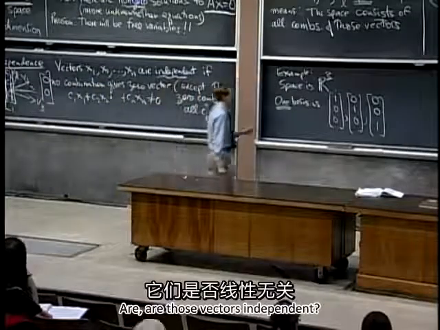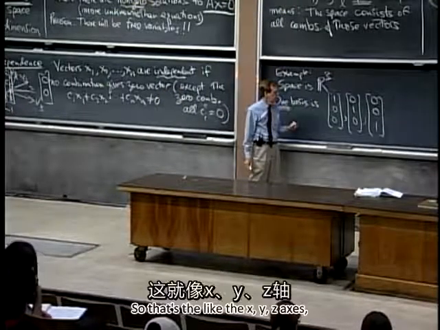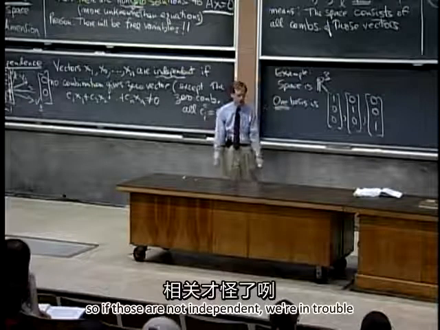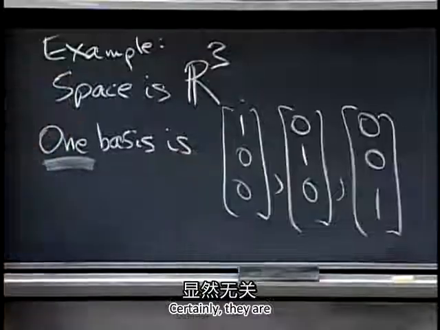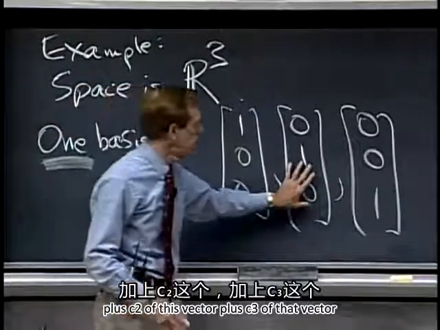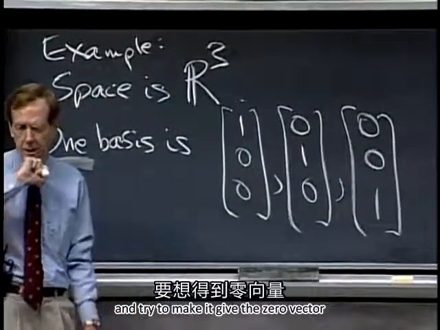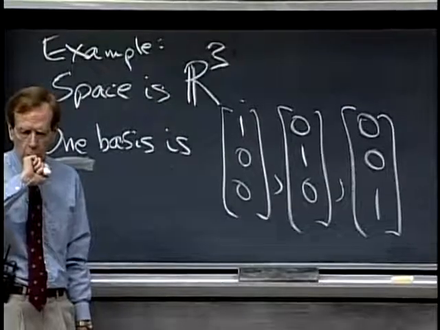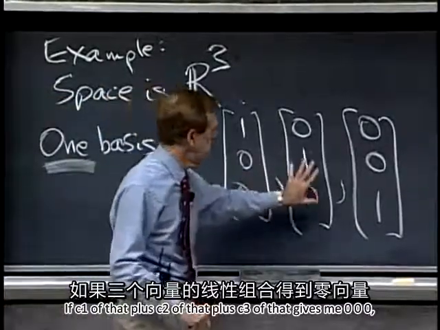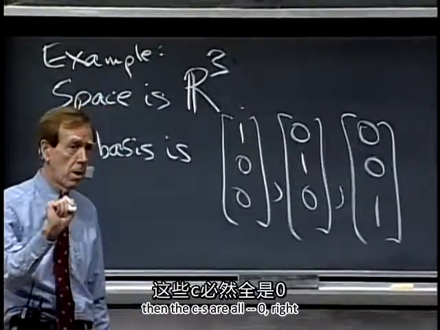Are those vectors independent? That's like the x, y, and z axes, so if those are not independent, we're in trouble. Certainly, they are. Take a combination, c1 of this vector plus c2 of this vector plus c3 of that vector, and try to make it give the 0 vector. What are the c's? If that combination gives me 0, 0, 0, then the c's are all 0.